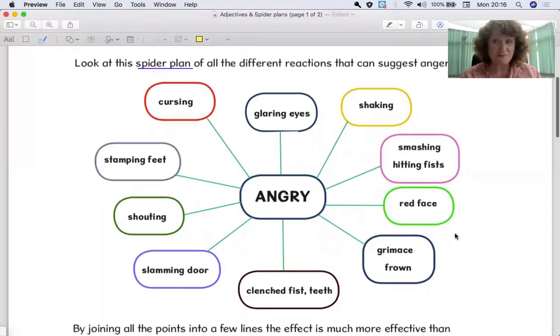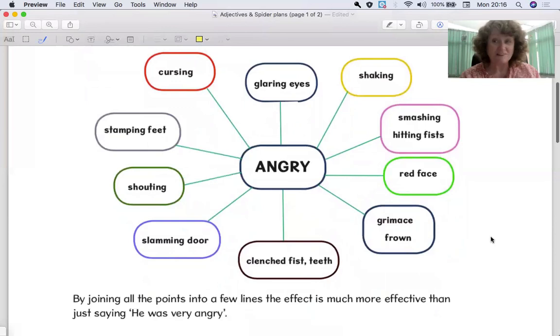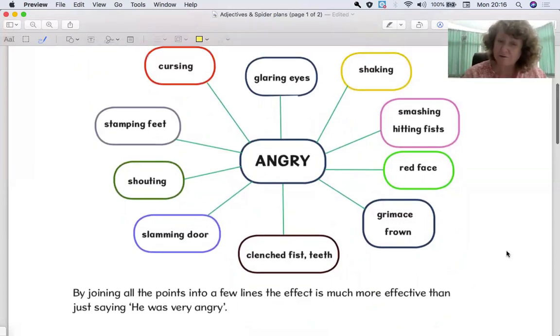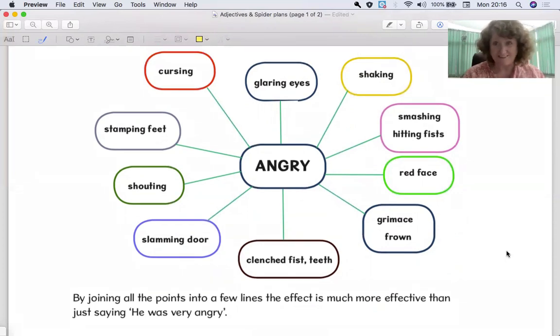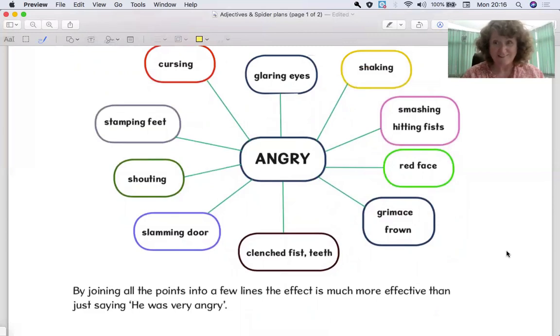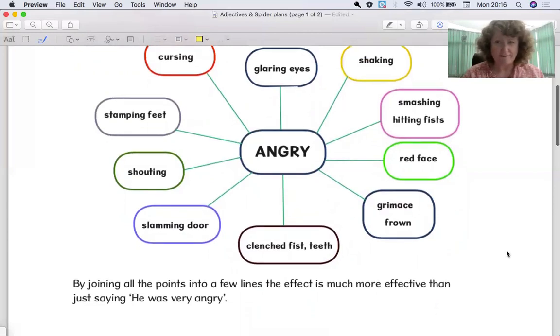That would describe his anger and what's going on far better than you saying Bob was angry. So by joining all the points into a few lines, the effect is far more dramatic. It's far more effective than just saying Bob was angry. I think you get it, don't you?